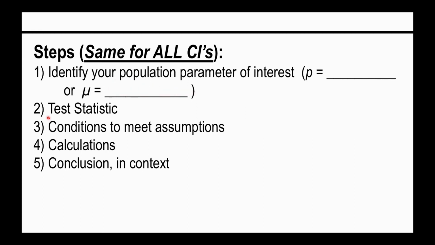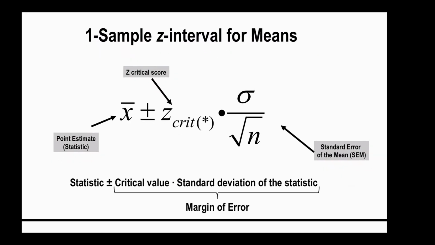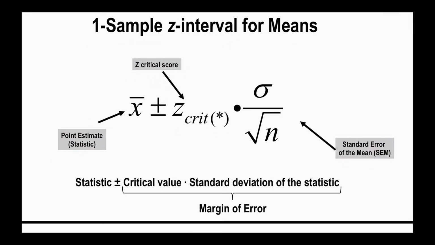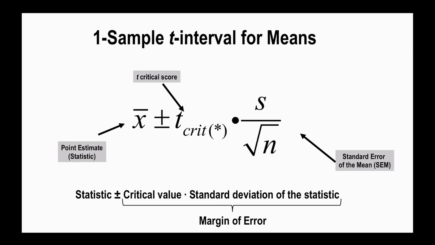The test statistic is going to be different. They look similar to the last ones we did, but they're a little different. This is for Z, and this is for T. Instead of P hat, we have X bar, which is the sample mean. We have Z critical if it's Z, and T critical if it's T. Over here, we have the standard deviation.